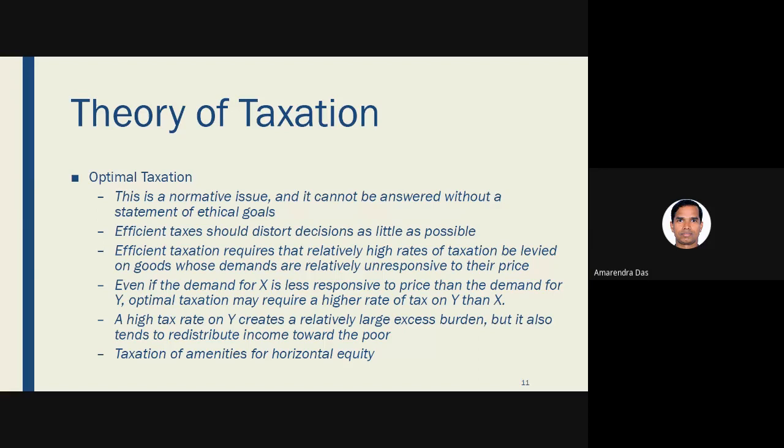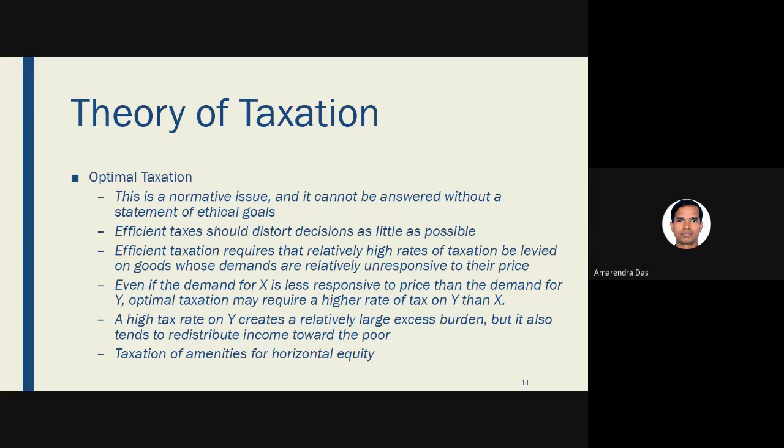Sometimes tax serves the purpose of reducing the consumption of certain things like the sin goods. Why does the government every year impose or increase the rate of tax on all the sin goods? The reason is that the government wants to discourage the consumption of those goods. So tax has multiple objectives, and you again want to have an optimal tax.